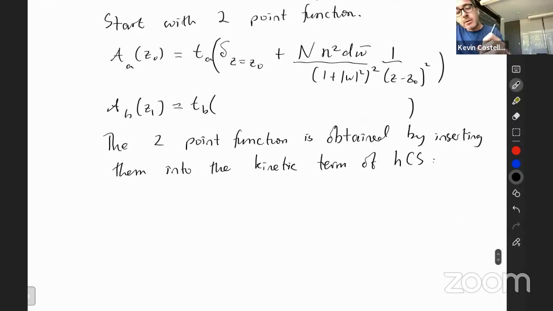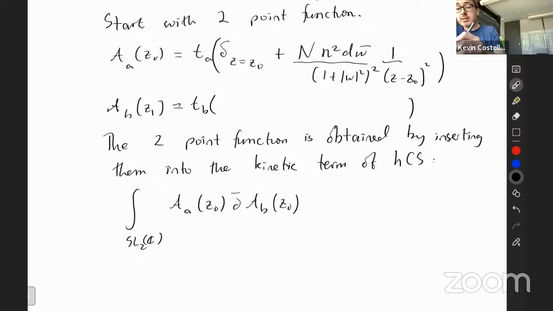It's going to be an integral over all my coordinates of A0 d-bar A, and then when we contract indices, there's going to be a delta AB. Sorry, z1.